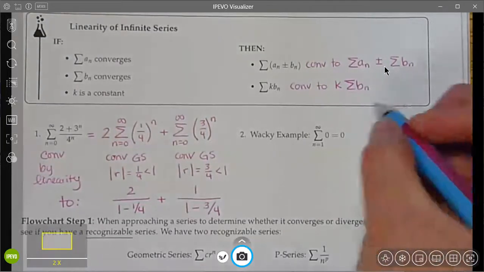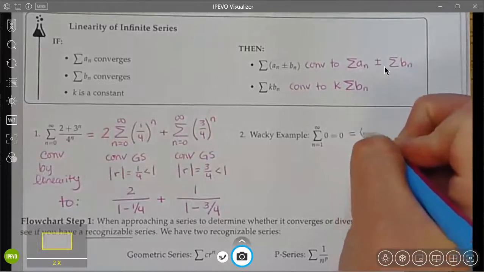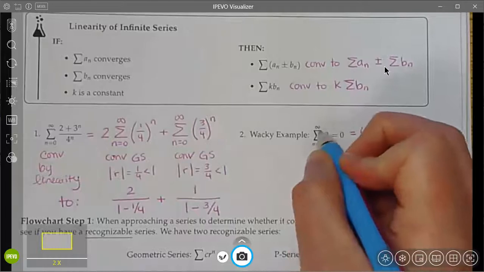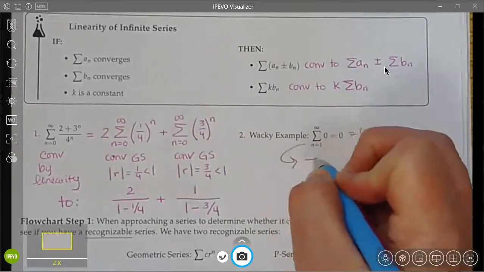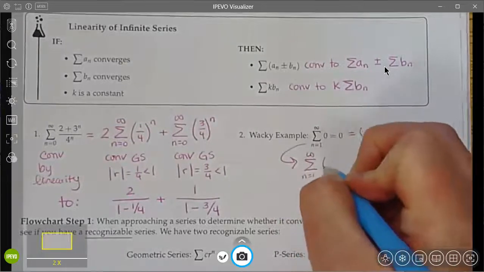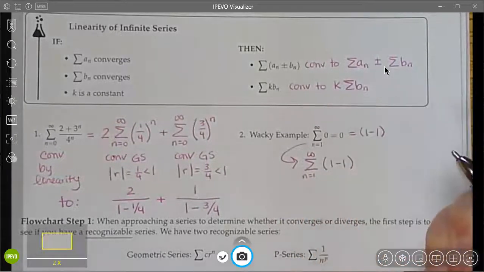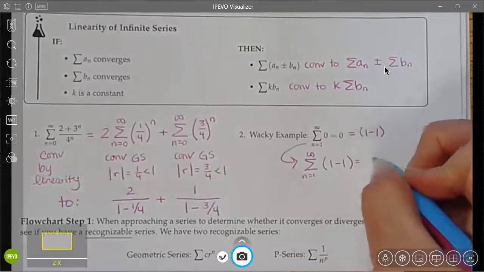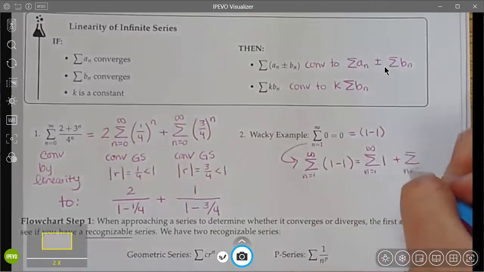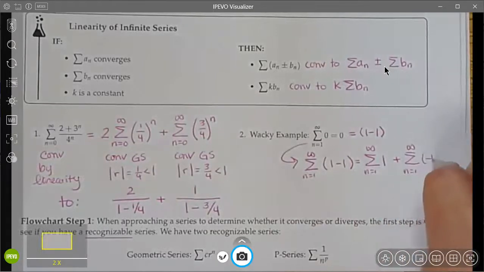I'm going to rewrite 0 as 1 minus 1. That's true. So I will rewrite this series as the series of n equals 1 to infinity of 1 minus 1. And I will rewrite it again as n equals 1 to infinity of 1 plus the series n equals 1 to infinity of negative 1.